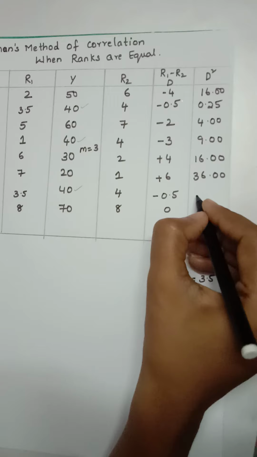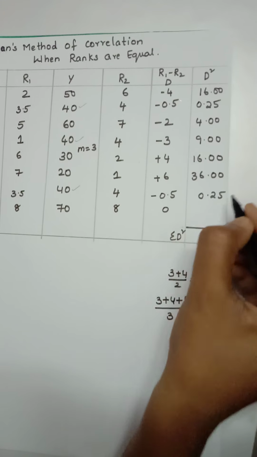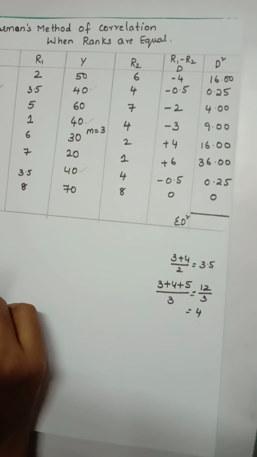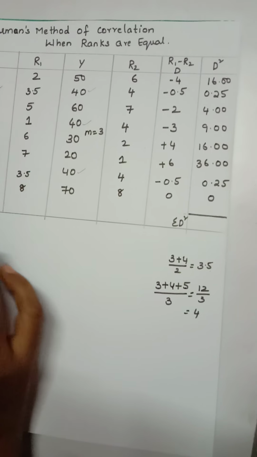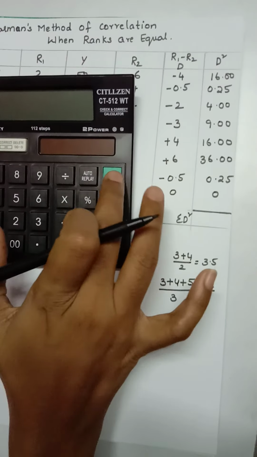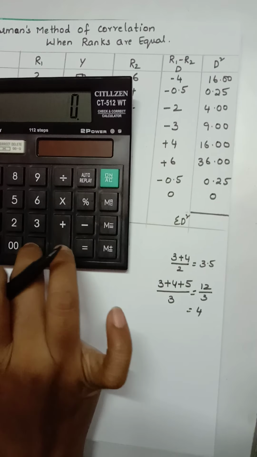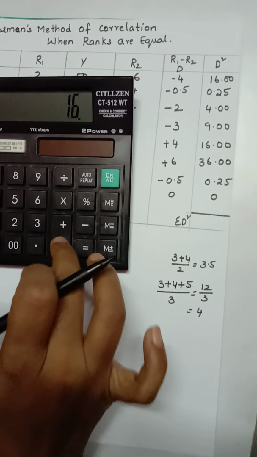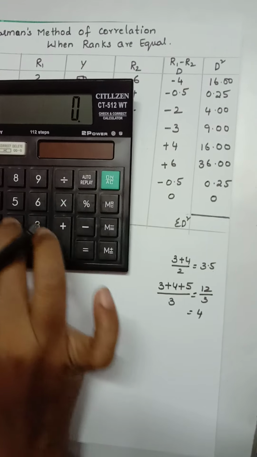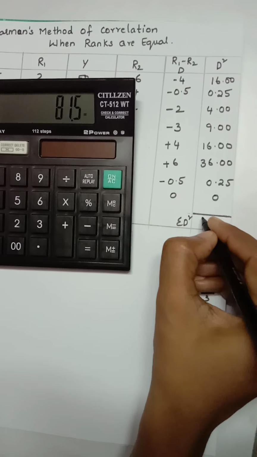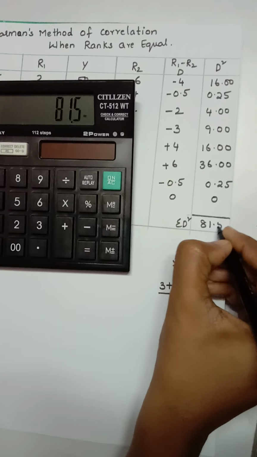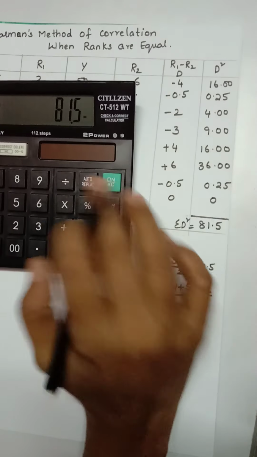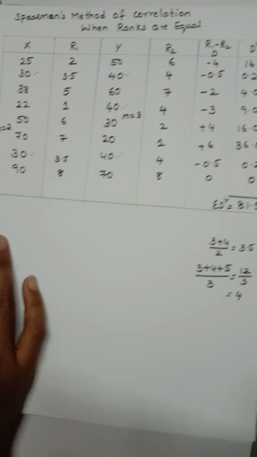And 0.5 squared is 0.25. 0 is nothing but 0. So these are the D square values, deviation squares. So here we need to add them: 16 plus 0.25 plus 4 plus 9 plus 16 plus 36 plus 0.25. So we got 81.5 as the summation D square value.